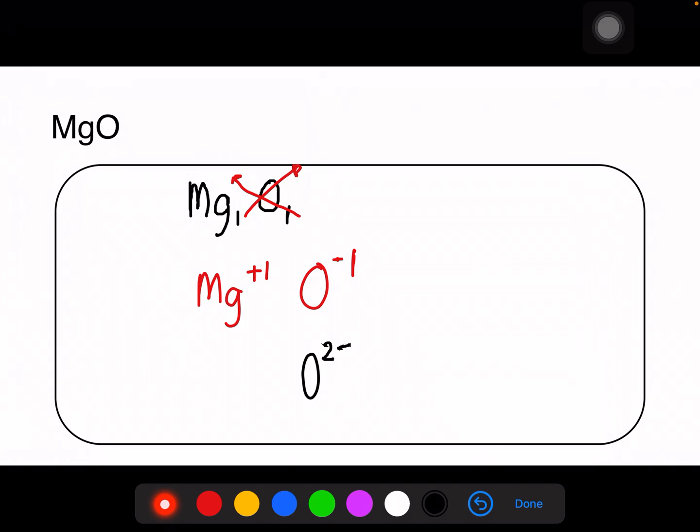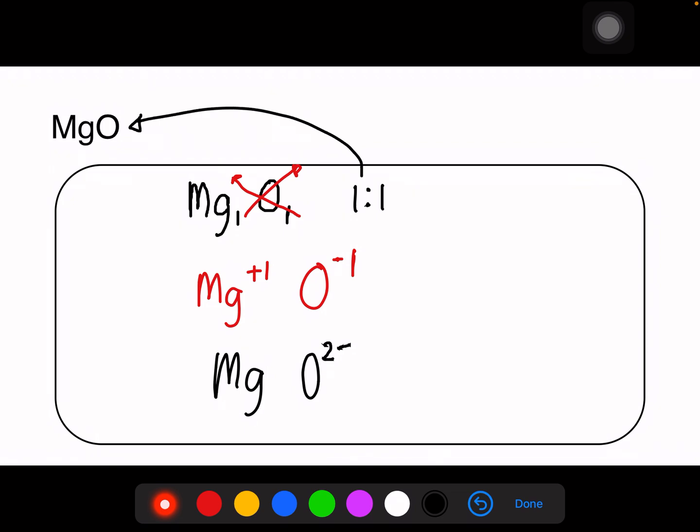And what will be the charge of magnesium if this one is 2 negative? Recall that we have the 1:1 ratio represented in this formula, meaning there is 1 atom of magnesium and 1 atom of oxygen, and their ions are neutralized, meaning if you add their charges, that is equal to 0.